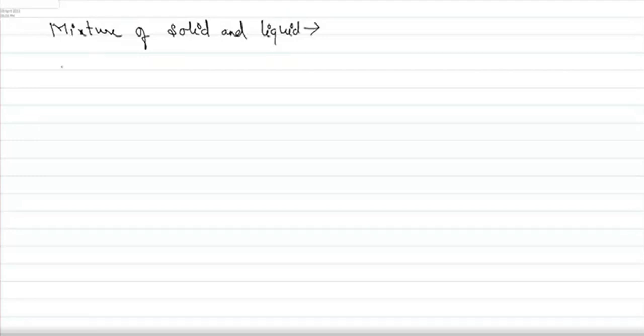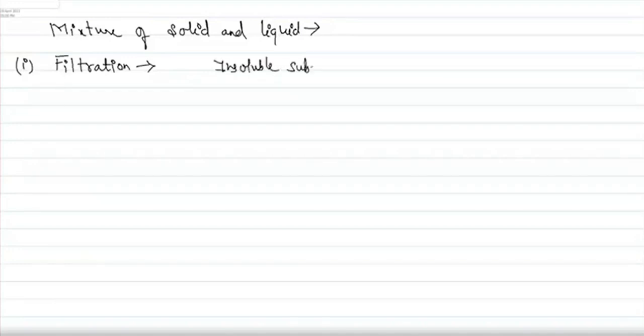So the first is simple filtration. By simple filtration we can separate insoluble substances. If we pass them through the filter paper, then they will be collected in the filter paper and the pure liquid will be collected in another container there.